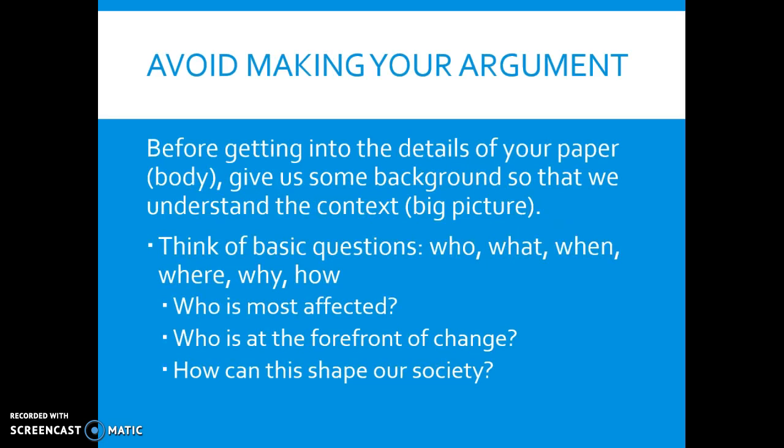You also don't want to make your argument too early. You want to give us the context. So, say you're doing a paper about privacy of information online. We need to know what's actually happening in this issue. You're going to get into ideas of, say, identity theft and people losing money from their bank, people opening credit cards in someone else's information, or stealing their credit card information and buying certain things from it.